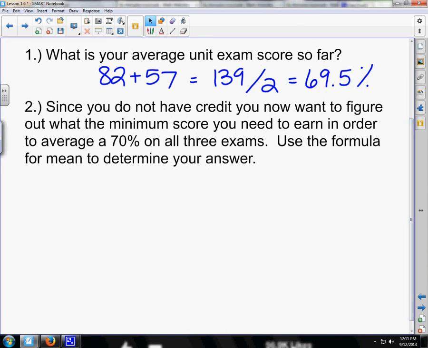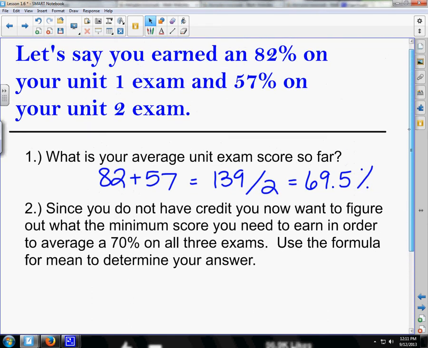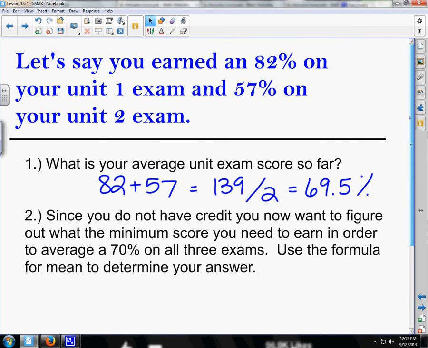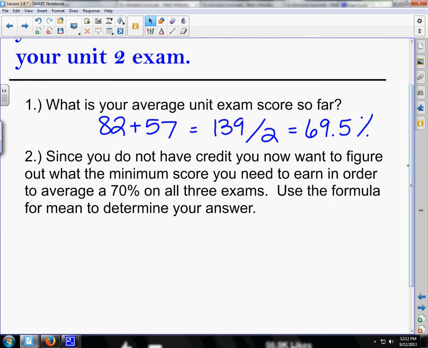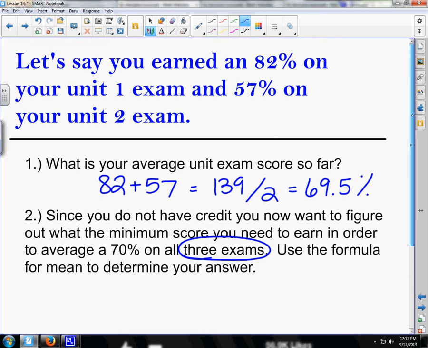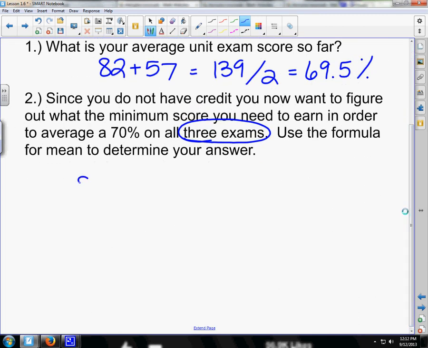So since you do not have credit, you want to figure out what the minimum score you need to earn is a 70. Okay? So what do I have to get on my 3 exams? Because you have 3 exams total. So you've already gotten an 82 and a 57.